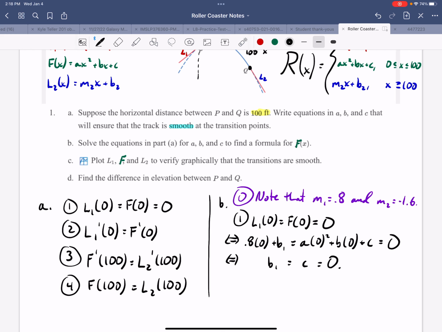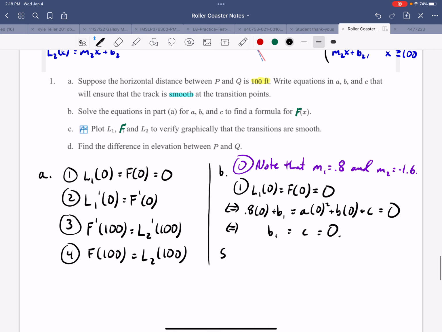Well, that's great. We already found B1 and C. So we actually already found L1. Right off the bat, we know that L1 of x equals 0.8x, because M1 is 0.8, B1 is 0.